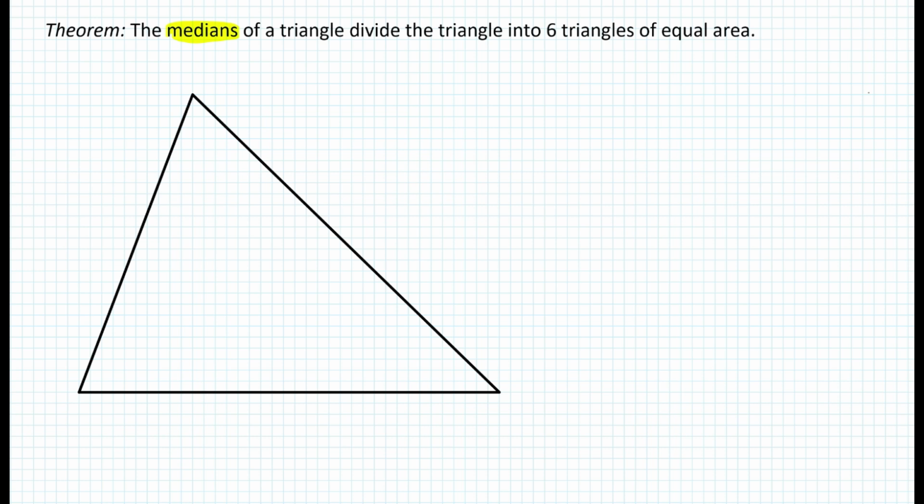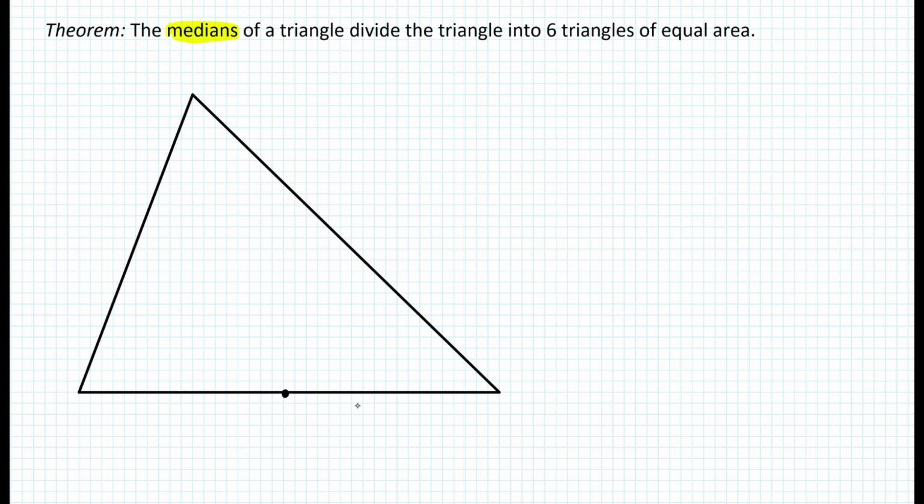As we learned in previous lessons in geometry, a median is a segment that connects a vertex of a triangle to the opposite midpoint of the segment of a triangle, okay? So basically imagine that you have a midpoint here, and what you want to do is connect the vertex to the midpoint.